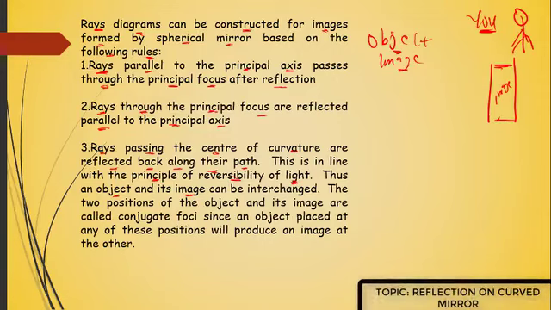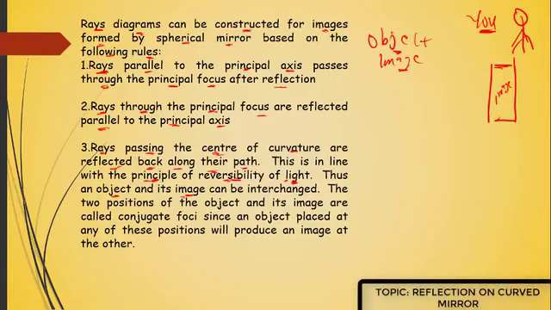So, when it comes to construction of ray diagrams and the rays pass through the center of curvature and are reflected back along their path, using the principle of reversibility of light, it is possible for both the object and the image to be interchanged with each other.